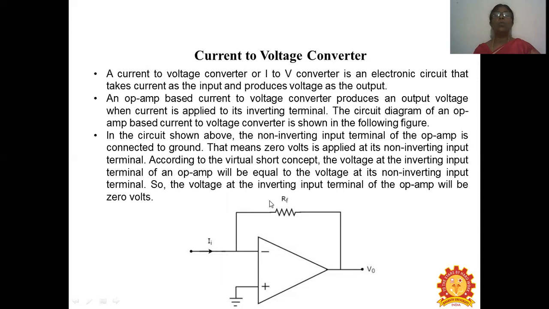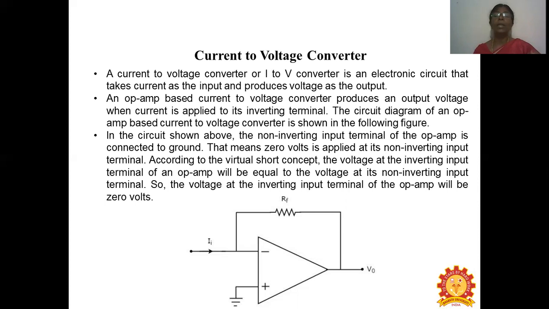A current to voltage converter is also an electronic circuit that takes current as the input and produces voltage as the output. An op-amp based current to voltage converter produces an output voltage when current is applied to its inverting terminal.